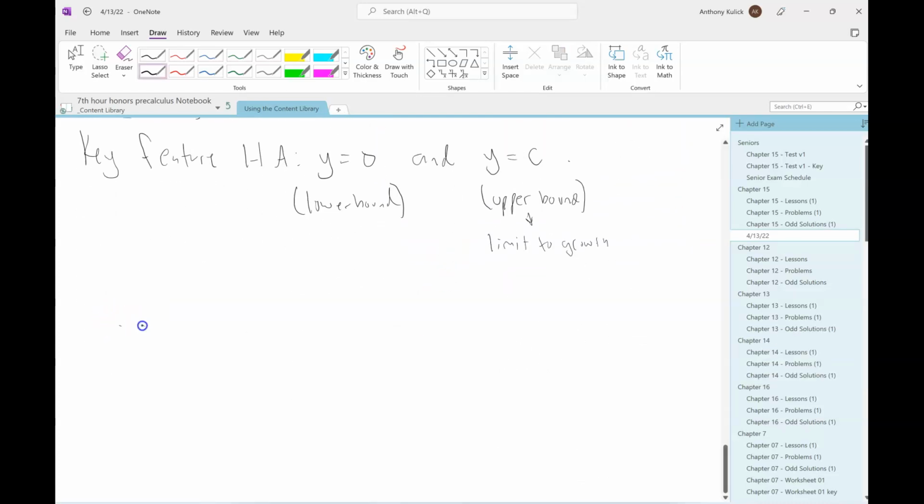So what is this going to look like? Well, you're going to have your upper bound at y equals c, and your lower bound at y equals 0. And your growth would look like this, and a decay would look like that.